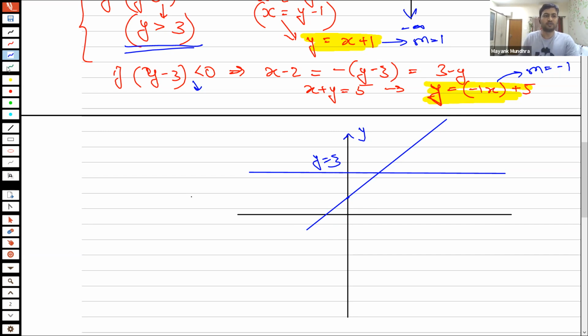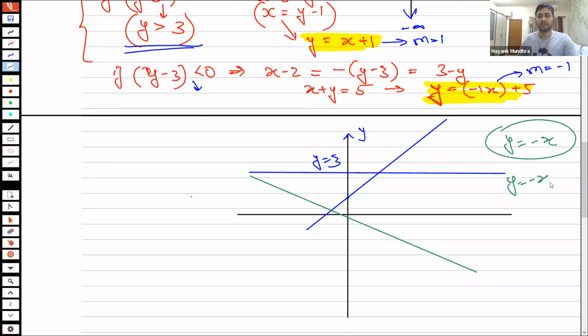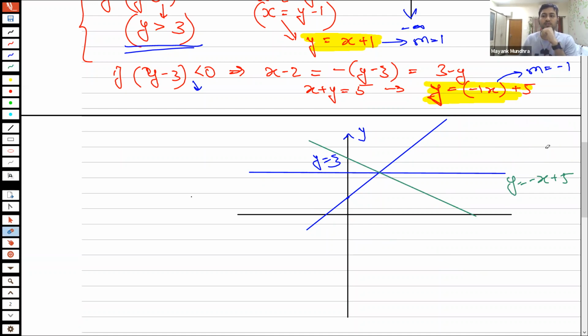So what is y equals minus x plus 5? y equals minus x looks like this. So y equals minus x plus 5 will be 5 units above this curve. So this will be just dragging this curve 5 units up. So it would look like this probably. So this is your y equals minus x plus 5.